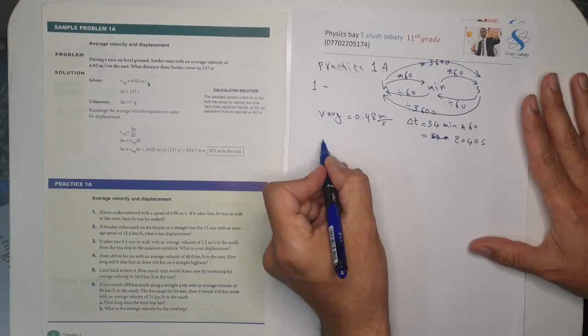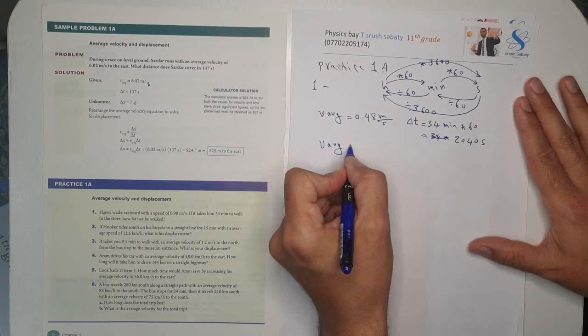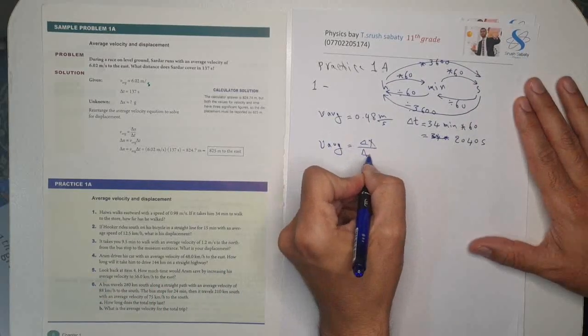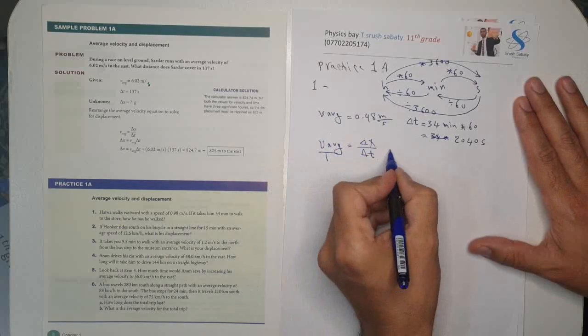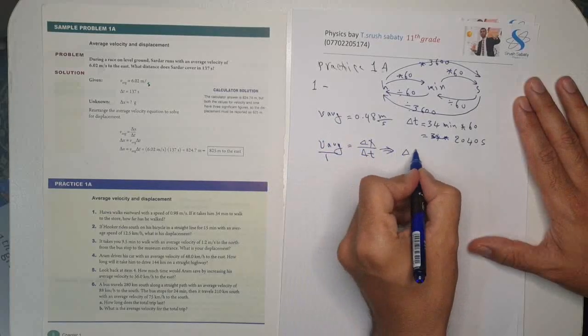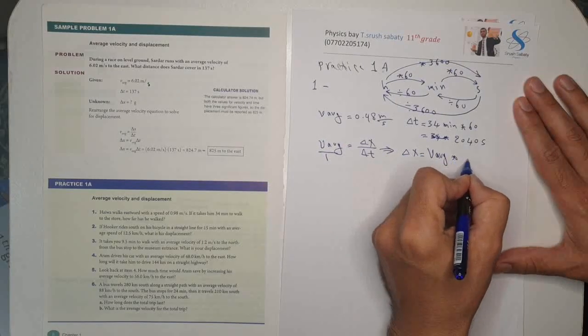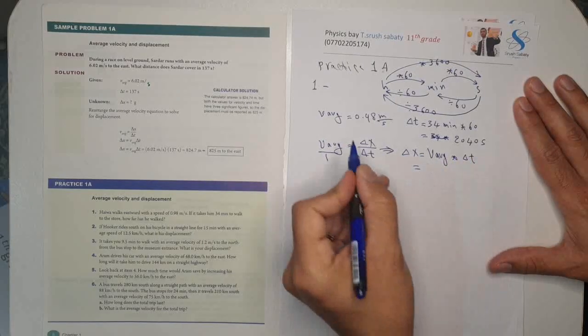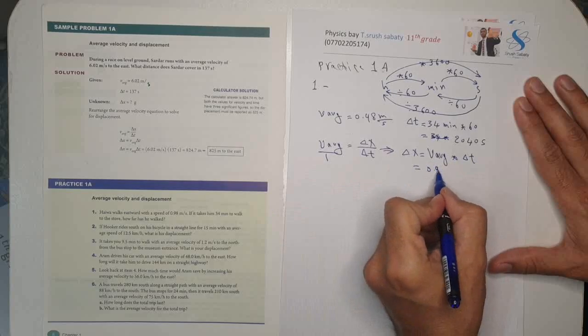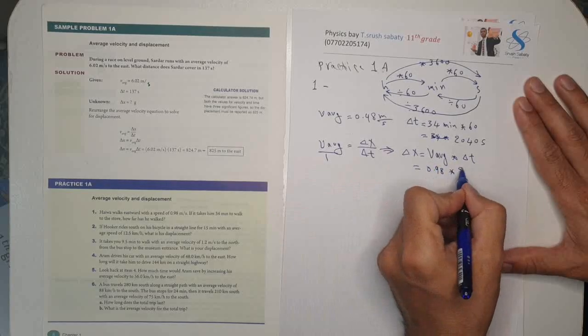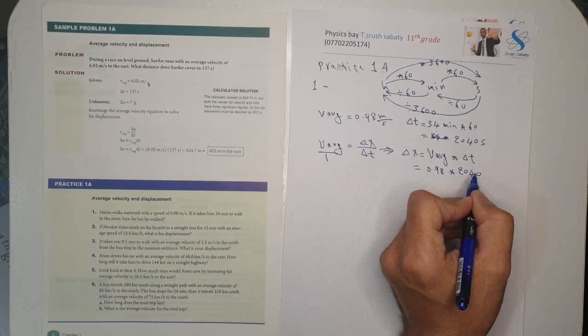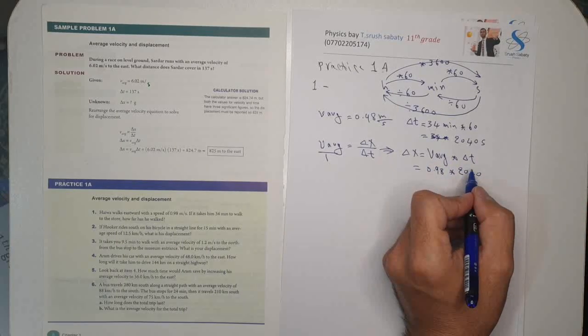Okay, V average is equal to delta x divided by delta t. Cross product, delta x is equal to V average multiplied by delta t. V average is equal to 0.98 multiplied by 2040 second. So let me show you the result.